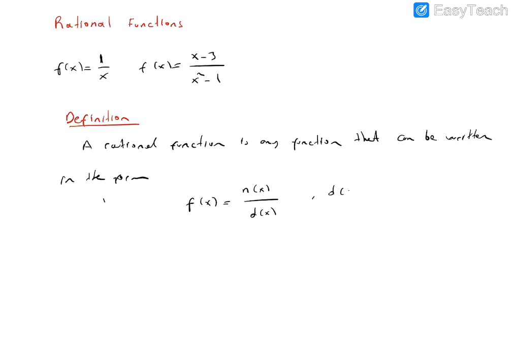Here d of x is different than 0 for all x. Here n of x and d of x are polynomials.